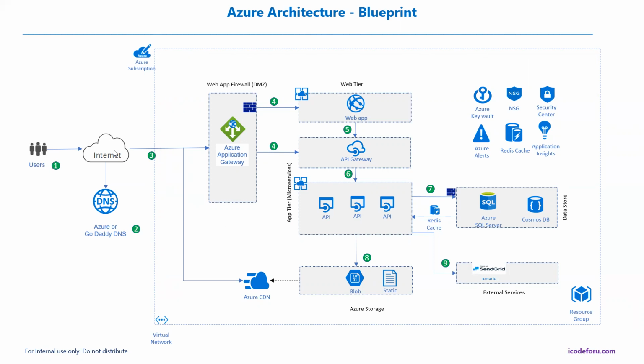Once the request enters your zone, it is hit by the application gateway. The application gateway is configured with the public IP address, and that's why the request comes into the application gateway.